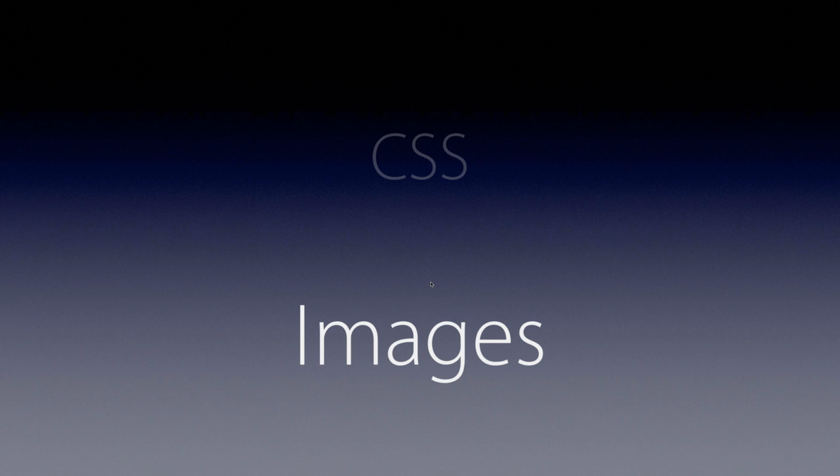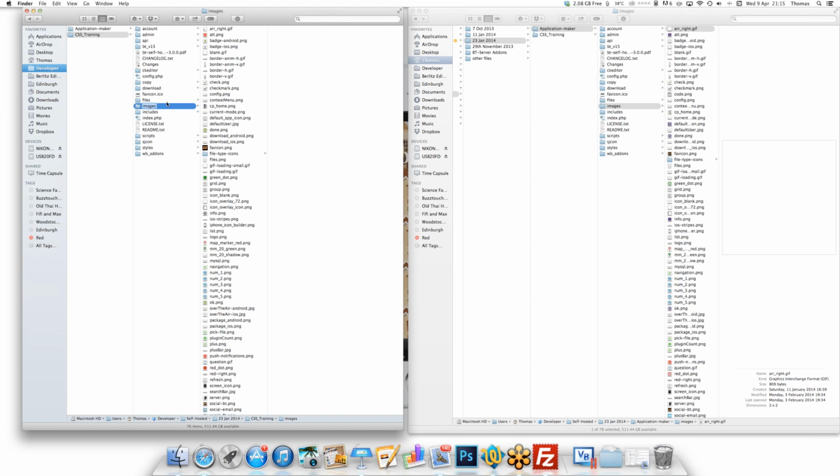If we have a look here, this is the images directory. This is what Buzztouch will give you, and these are all kinds of images that the system needs, or that your control panel needs to just keep going.